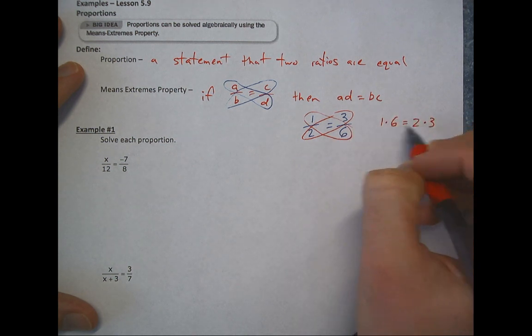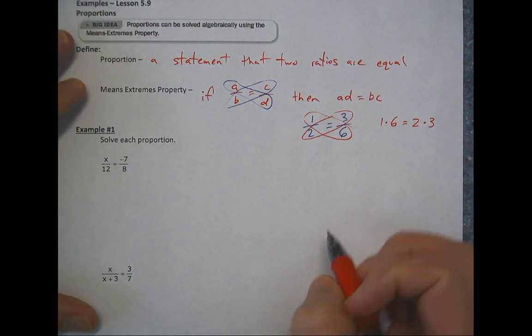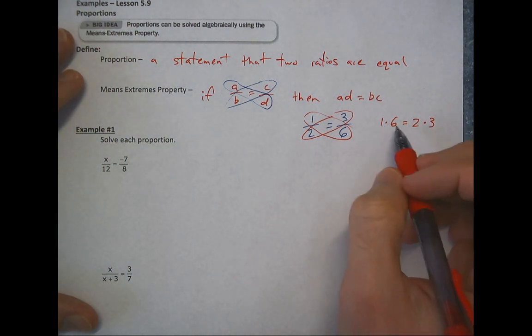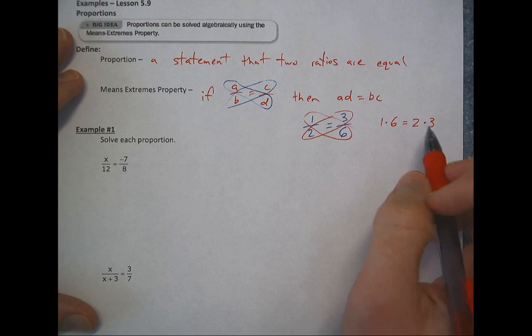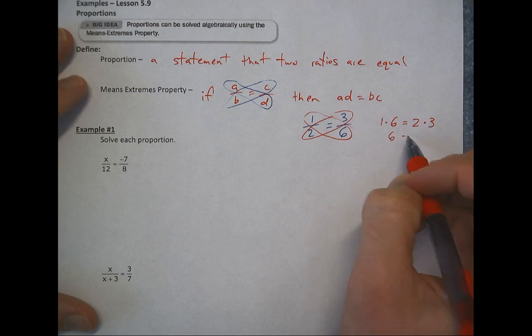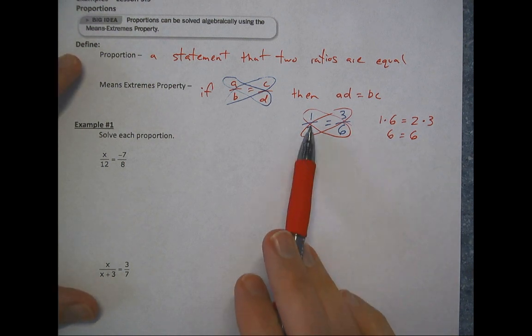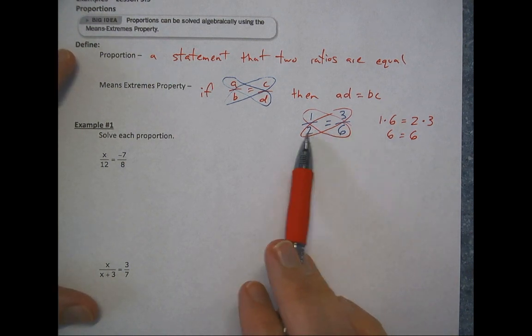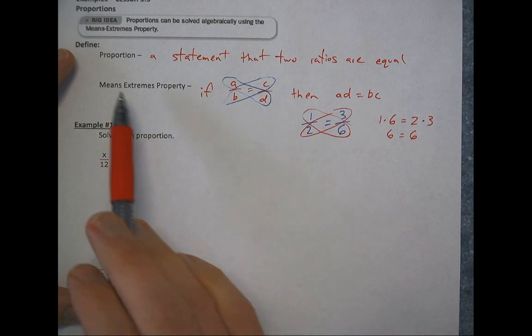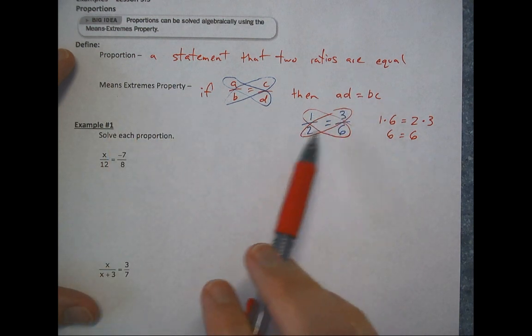And the order that you put these in on each individual side doesn't matter. You can say 6 times 1 or 1 times 6, or you could say 3 times 2 instead of 2 times 3. But the result is 6 equals 6. So this property is true. If these fractions or ratios are actually equal to each other, then the means and extremes property holds true.